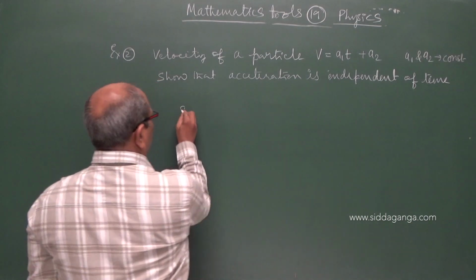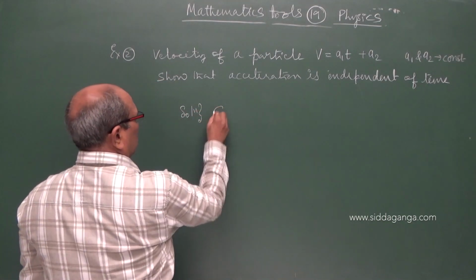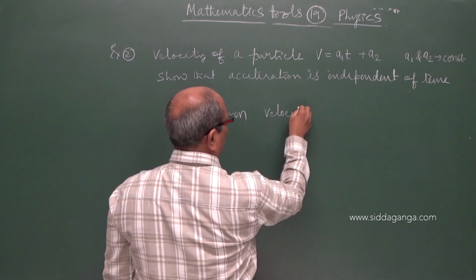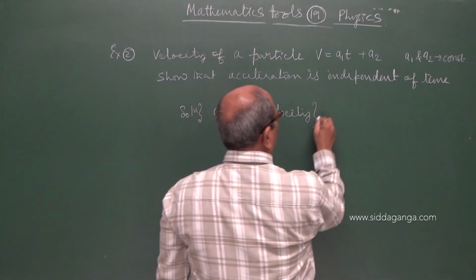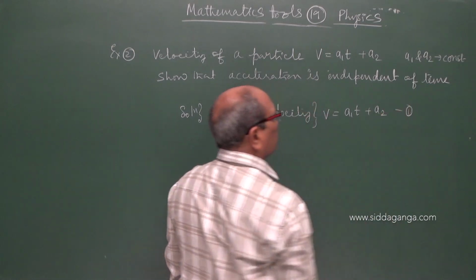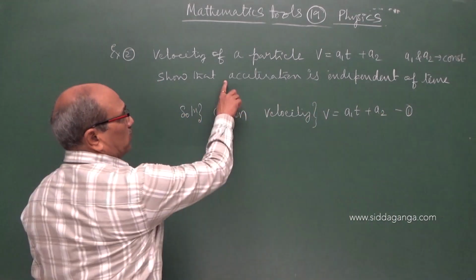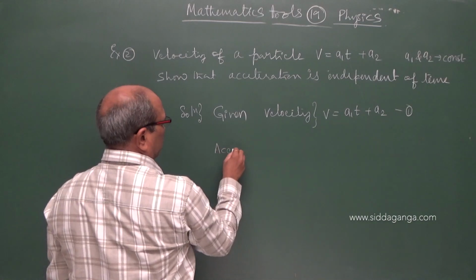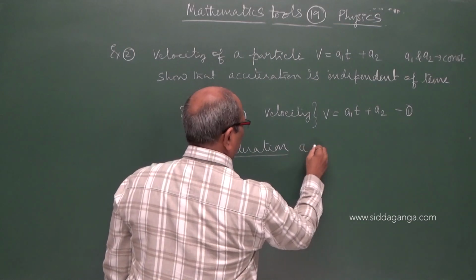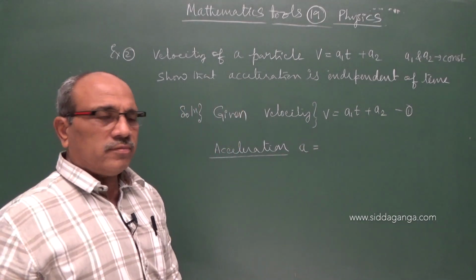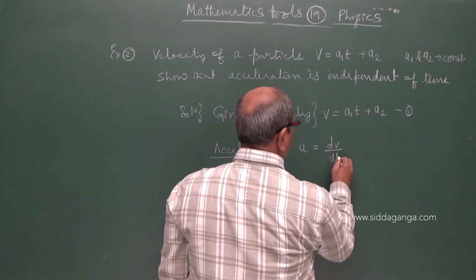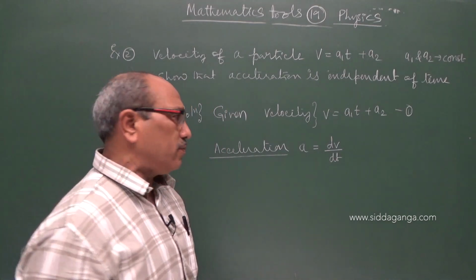Coming to the solution, you are given this velocity v equal to a1t plus a2, but you have to find acceleration, because you have to show acceleration is independent of time. Acceleration equals dv by dt, differentiation of velocity with respect to time.